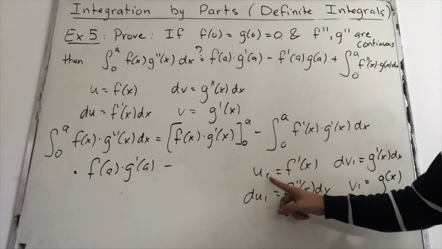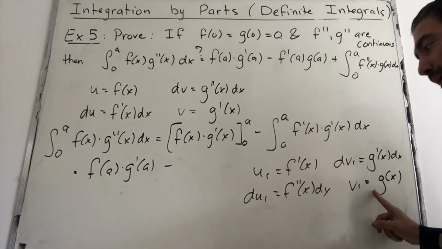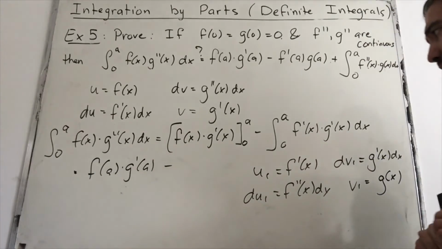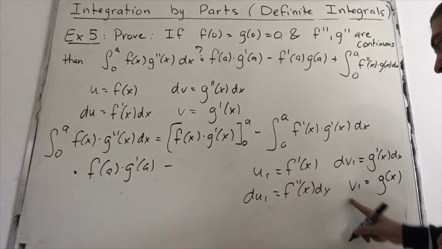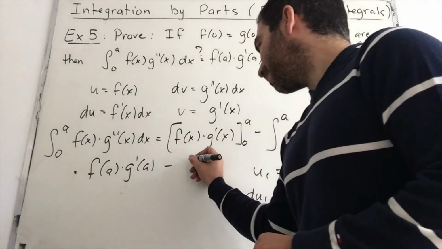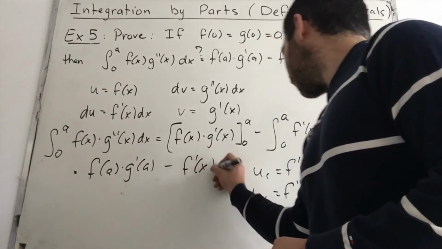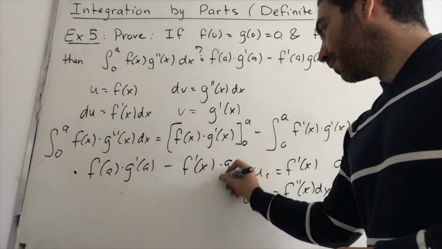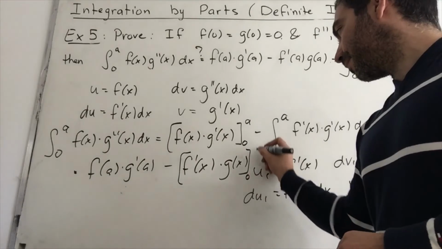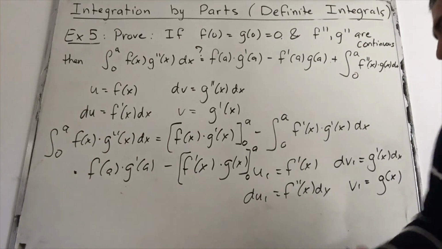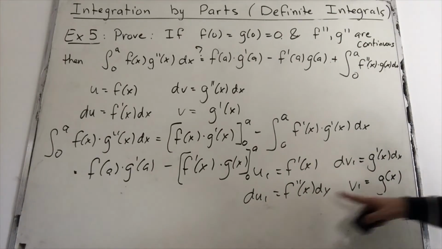And using our integration by parts, top left times bottom right, minus the integral of bottom right times bottom left, we get u1 times v1, so f prime times, sorry, not g prime, just g, evaluated from 0 to a, minus the integral of v1 du1.